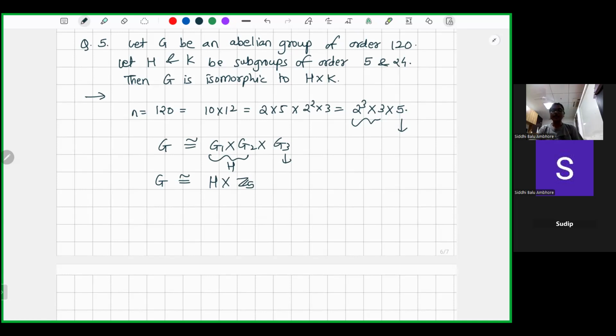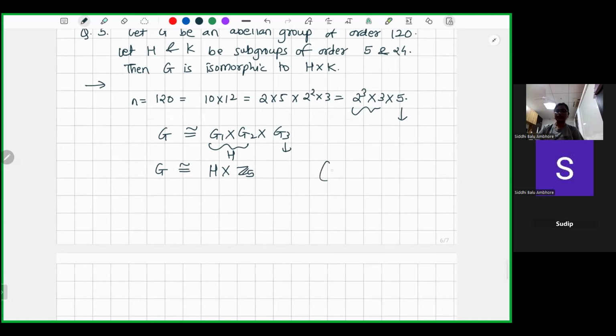H and K are subgroups, and H is a subgroup of order 5 in G. So H is anyway cyclic, which implies H is isomorphic to Z5. This is the only possibility for a group of order 5.